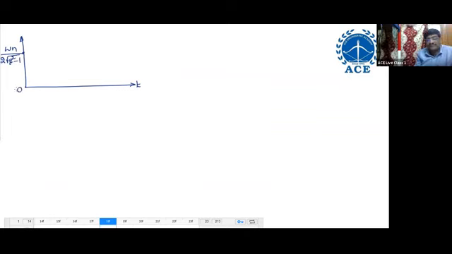At t equal to infinity, it is 0, which means exponential decay.